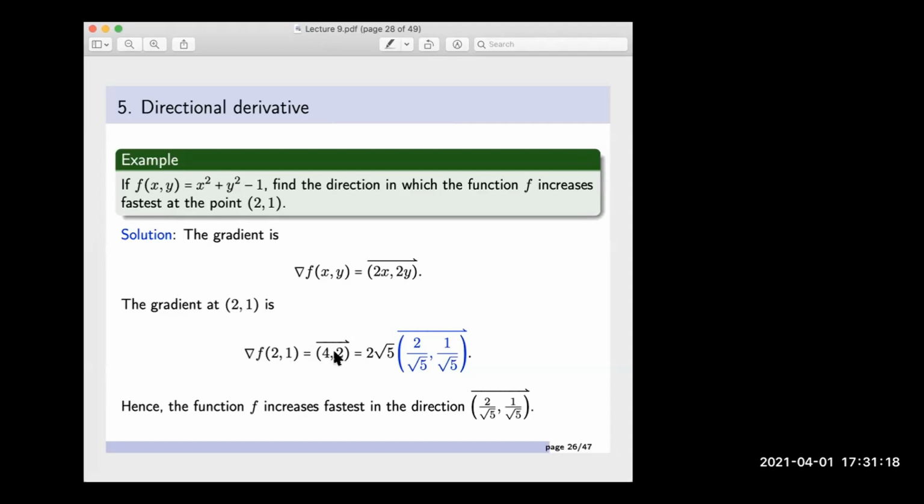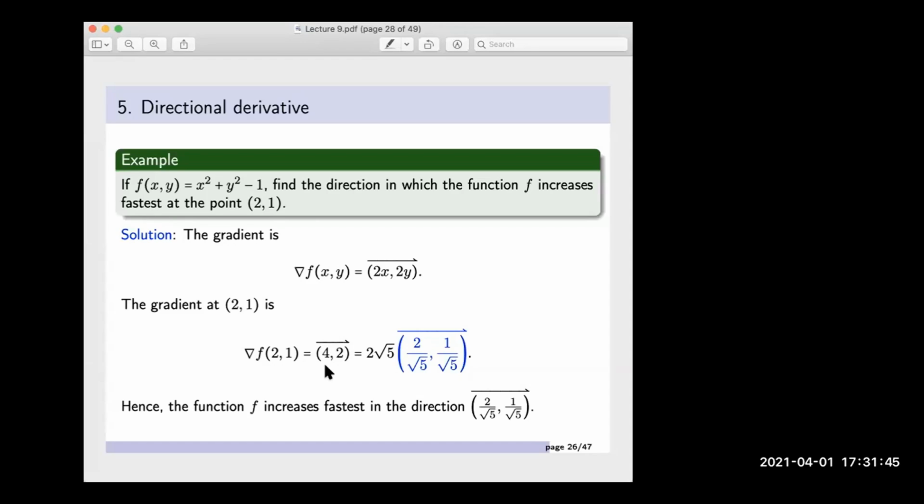But this is not a unit vector. We know that the function increases fastest in the direction of this vector, but this vector is not a unit vector. What we want to find is a unit vector representing the direction. To find the unit vector in this direction, you only need to divide this vector by its length.